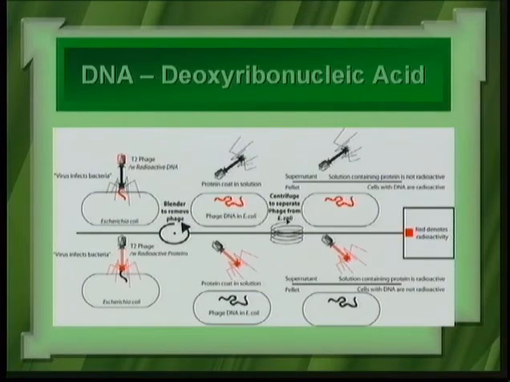So they let these viruses grow in media and reproduce, and this one had its DNA labeled. They let them sit for a while until they had generations of E. coli that had been infected with the DNA from the virus.